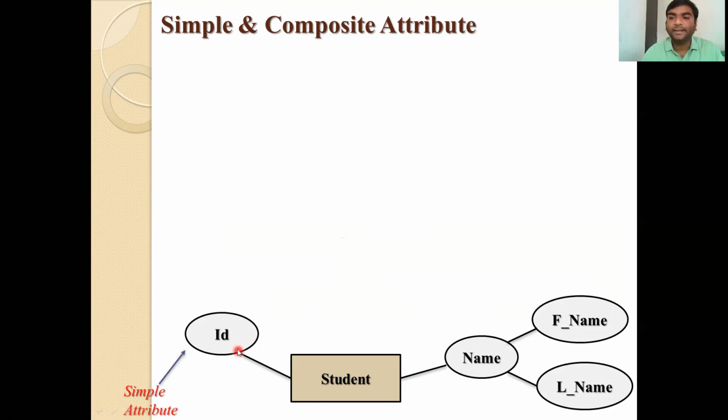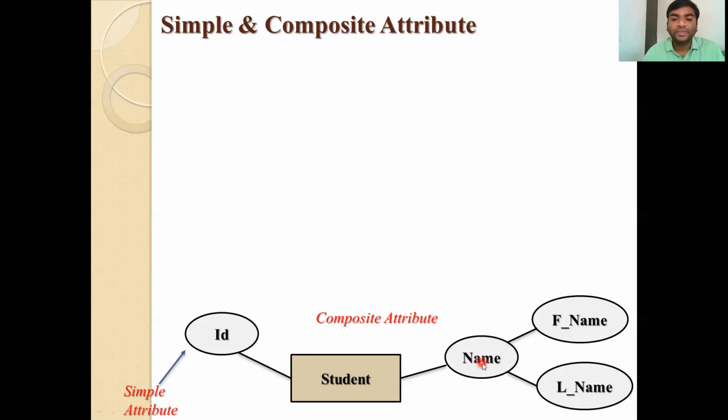So student ID is a simple attribute. Why is it a simple attribute? Because this ID is not divided into subparts. The attribute that is not divided into subparts is known as a simple attribute.